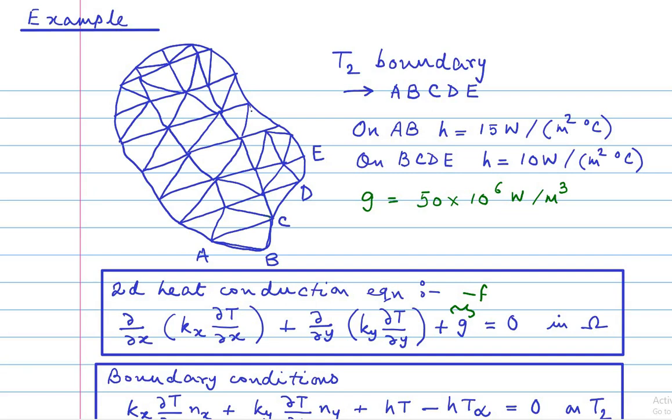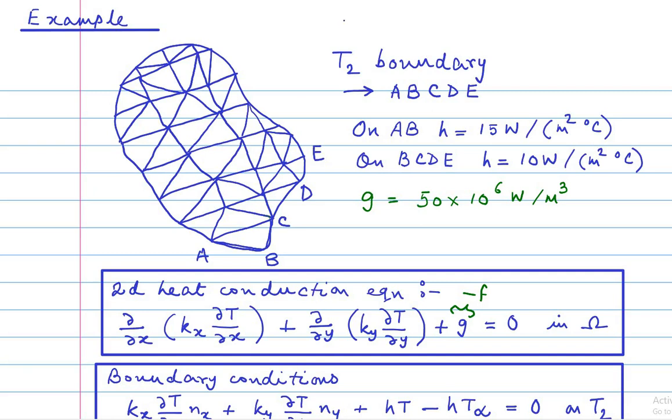So A, B, C, D, E, this edge is the gamma 2 boundary or S2 boundary.